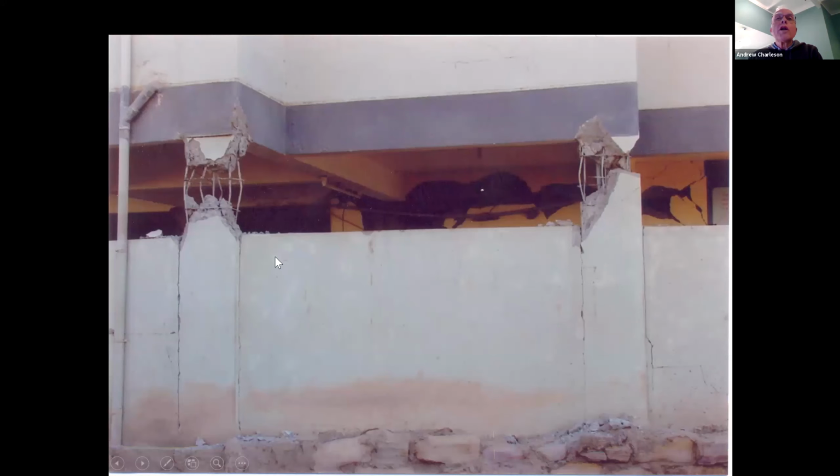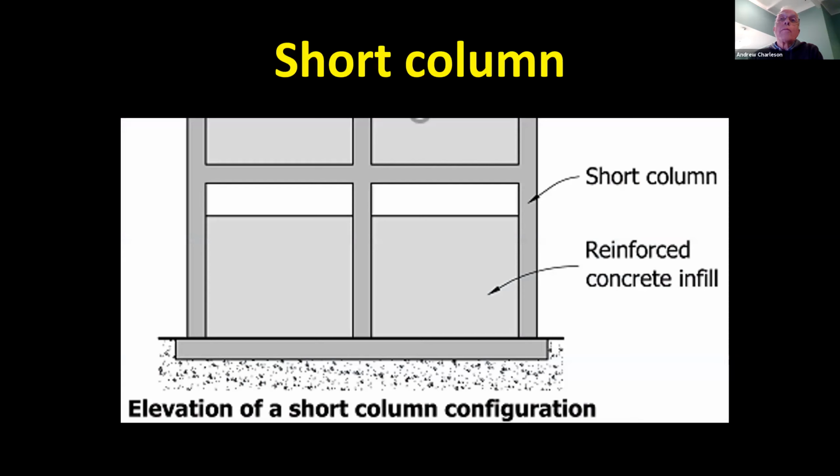Here are a couple of short columns in a building in Indonesia that I visited after an earthquake. You can see where the 45-degree cracks were, and all the concrete has disappeared from these short columns. It's a wonder the building is still standing. So how do we solve short columns? This is the problem. You have infill walls, making the columns really short, just here and here.